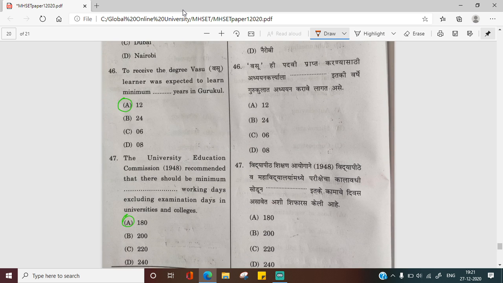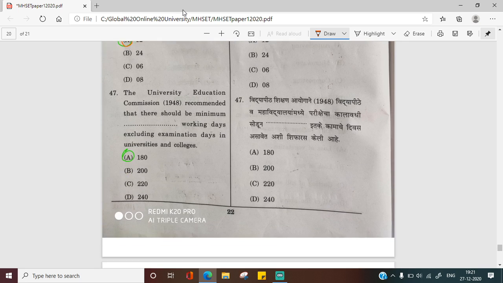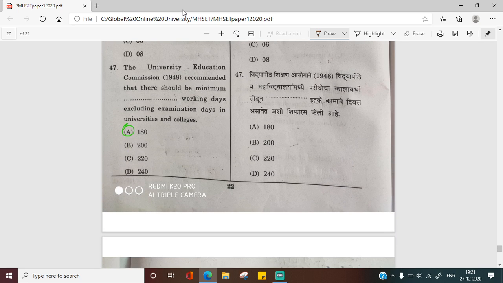Question number 46. To receive the degree Vasu, a learner was expected to learn minimum 12 years in Gurukul. The right answer is option A. The University Education Commission 1948 recommended that there should be minimum 180 working days excluding examination.